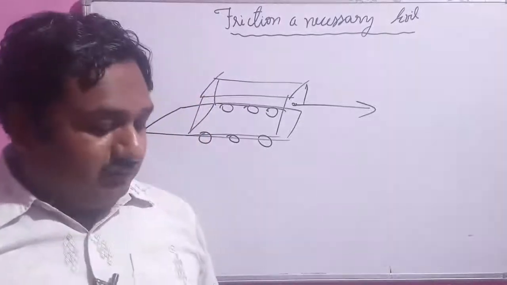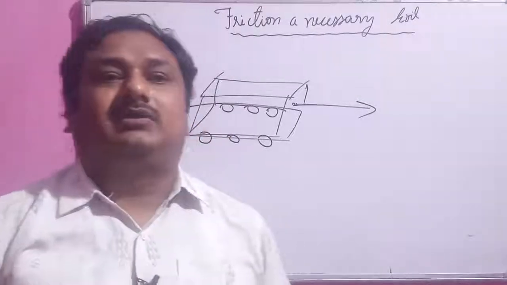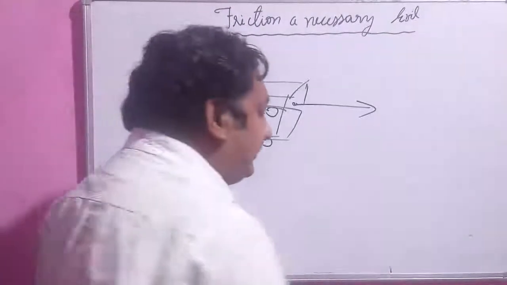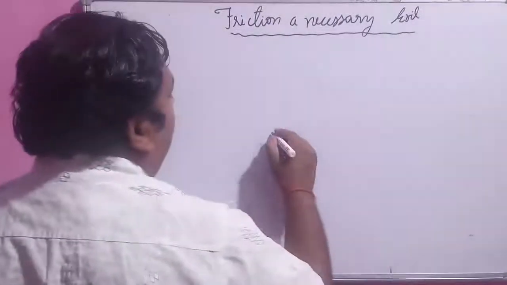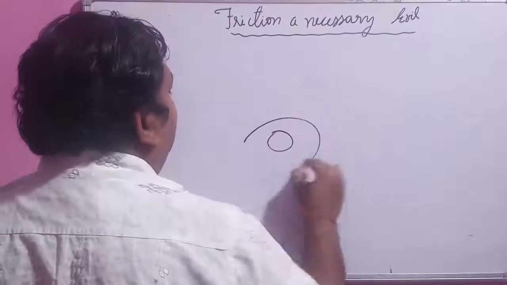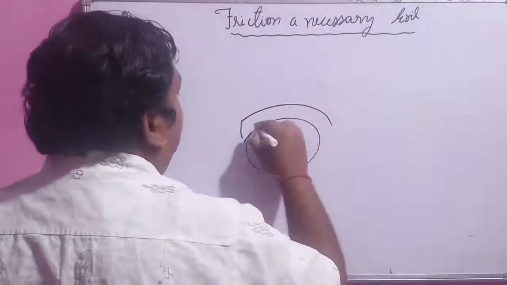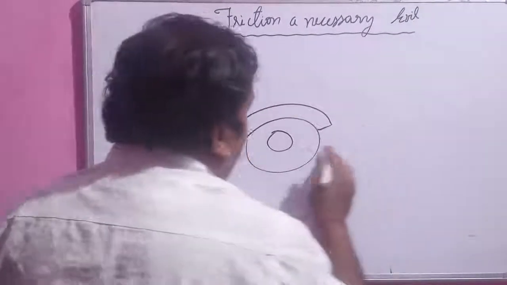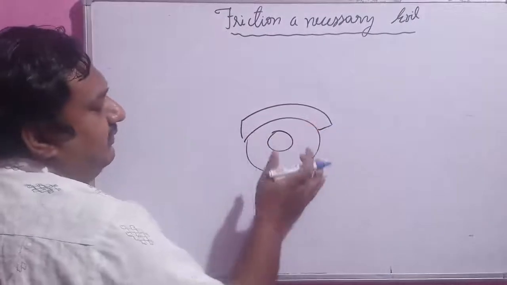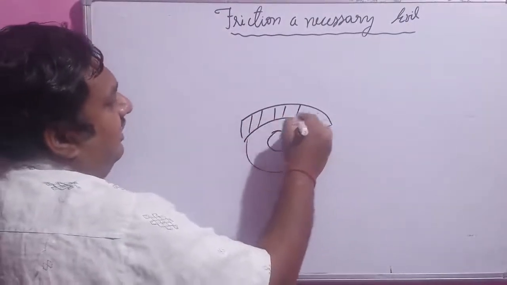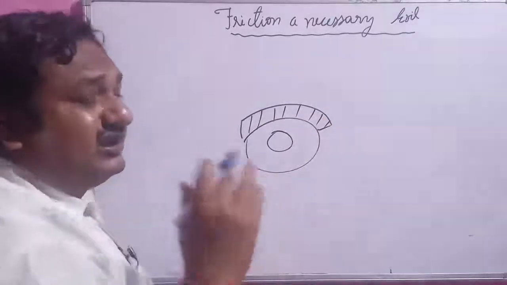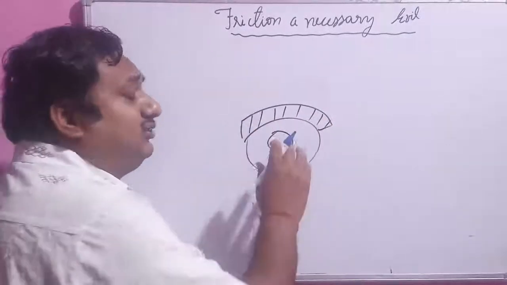Okay, now methods of increasing friction. Why do we want to increase friction? Because if our tires get worn out, suppose this is a tire, and this part is worn out, there is a great chance of the tire slipping.